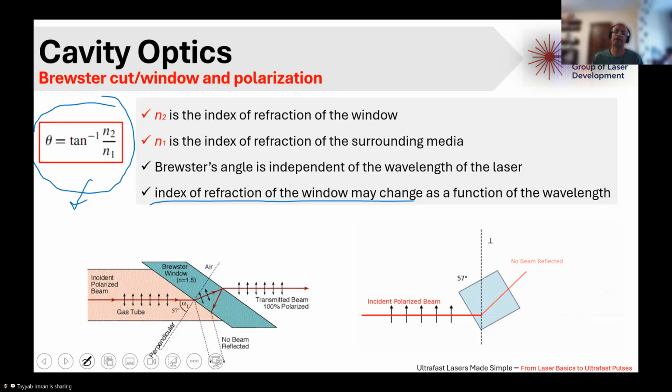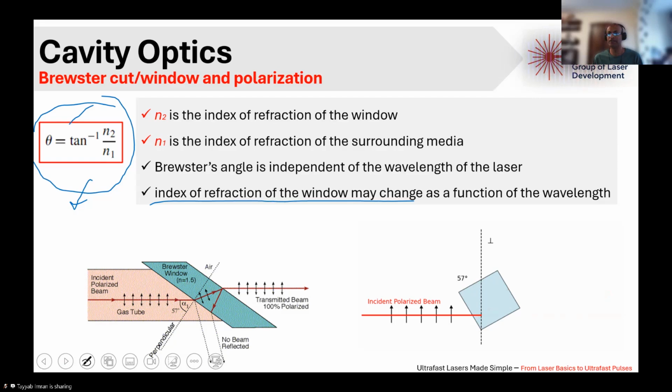But in general, for this Brewster cut or Brewster window, this formula shows it depends only on n1 and n2, the refractive index of the first medium and the second medium. So this is the important formula.